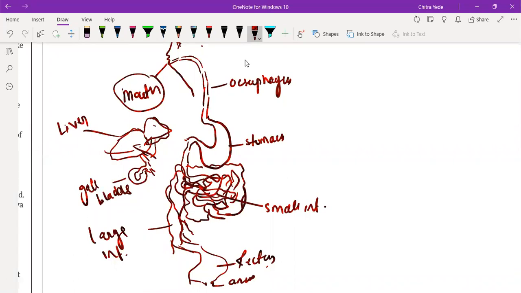See what happens generally. Do we eat uncooked food? No, we eat cooked food every day. What happens when the complex food is cooked?